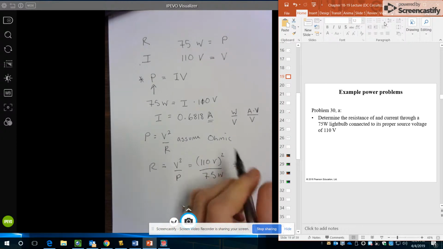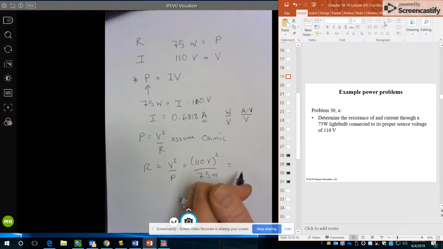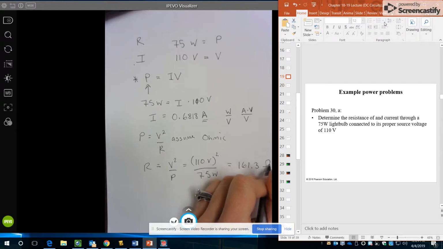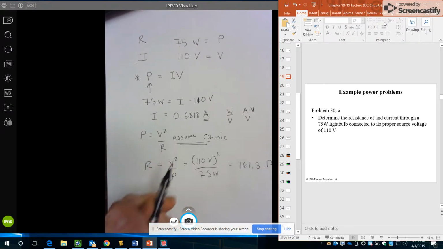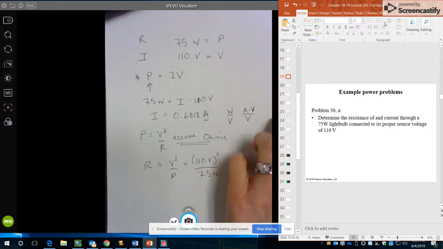So for a particular temperature and current, we can estimate the resistance of the light bulb at 161.3 ohms or 161 ohms. You would not be expected to remember that light bulbs are not ohmic.